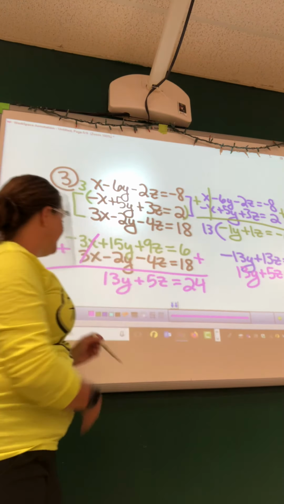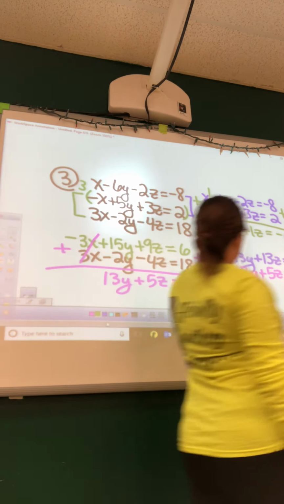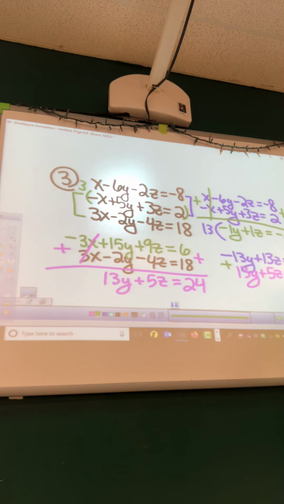Now we're ready to add them together. Y's cancel out. How many z do we have left? 18. Equals, what number do I have? Negative something. 54, good math.